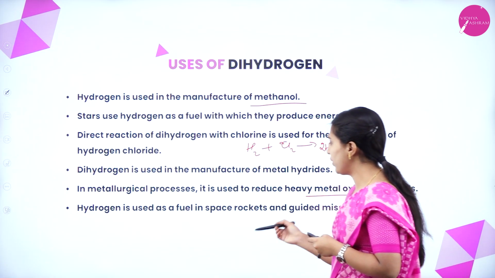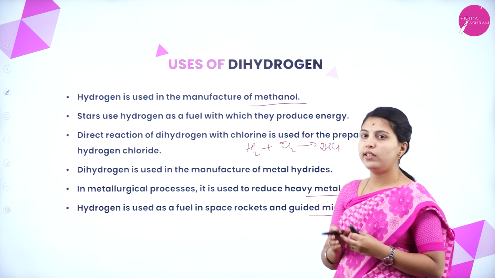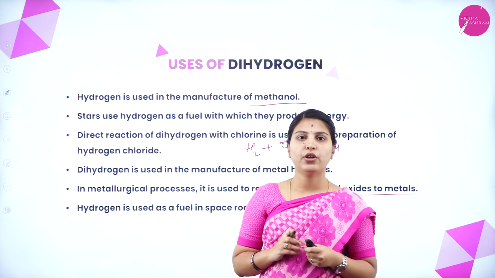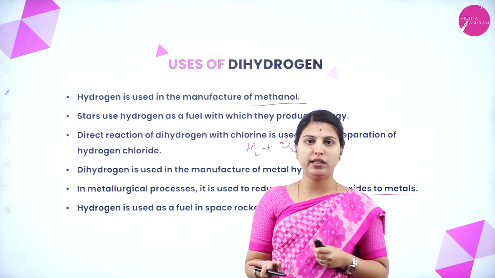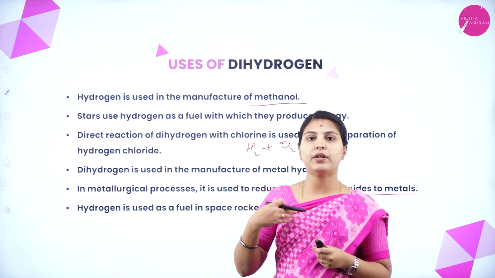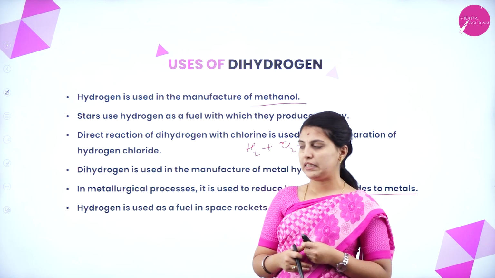Hydrogen is used as a fuel in space rockets and guided missiles. The overall uses, if you see, hydrogen is used for many purposes, like oil and fuel in rocket science. From the smallest part to the application level, we can see the uses of hydrogen.